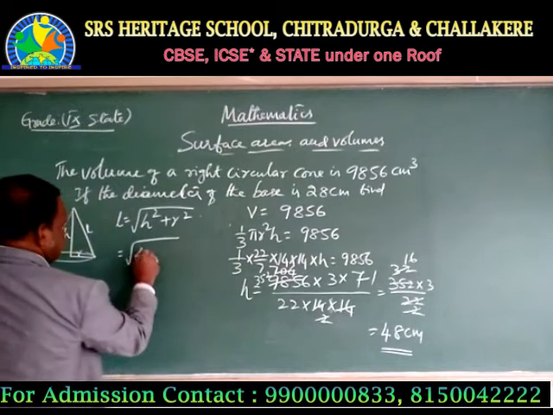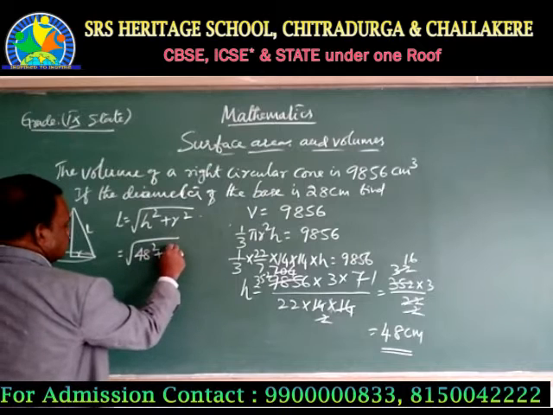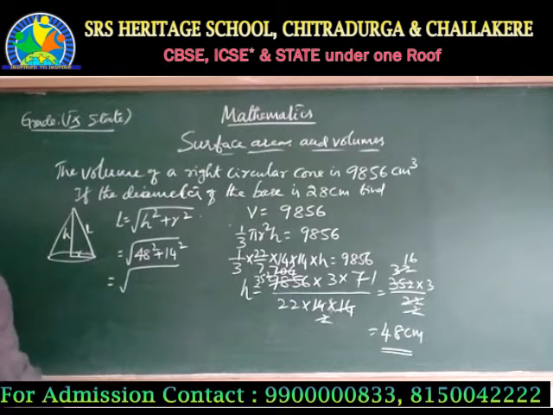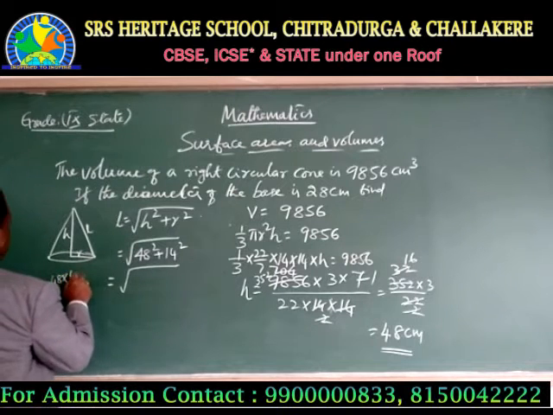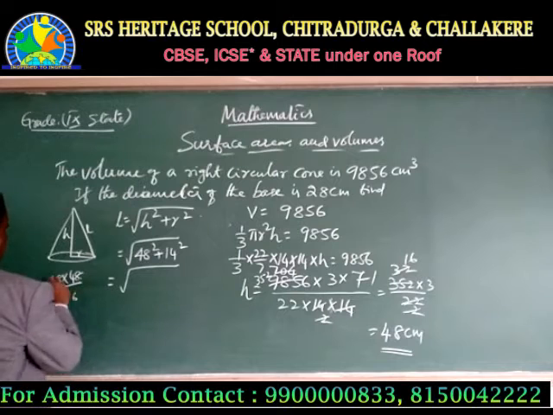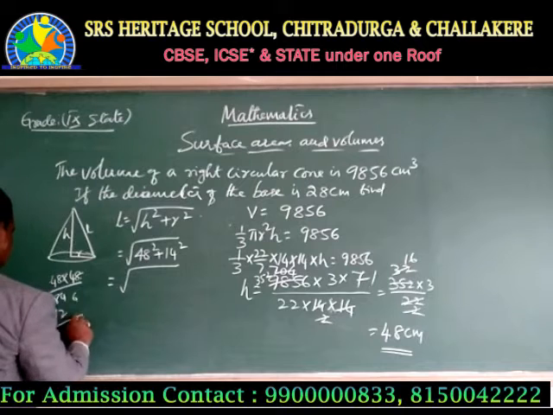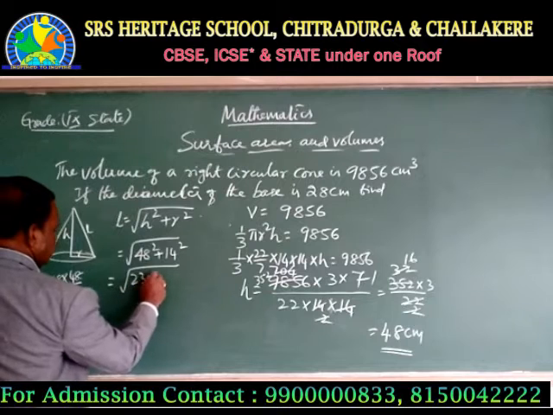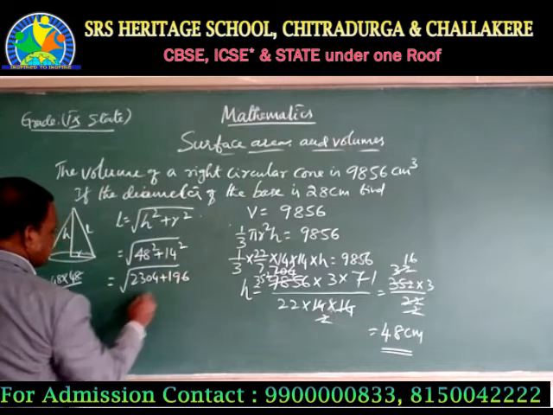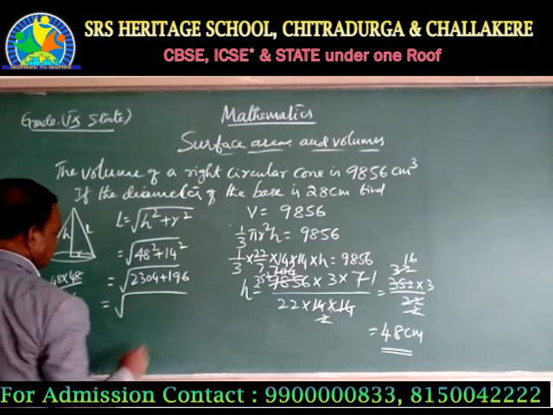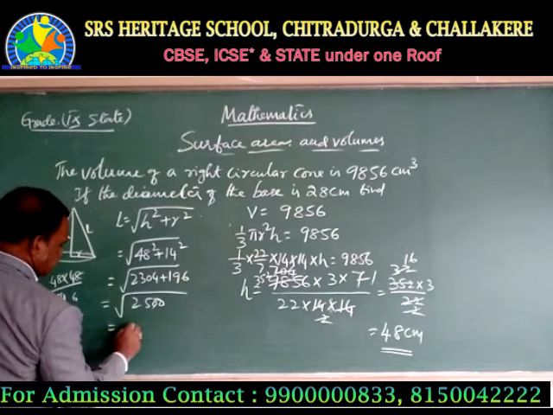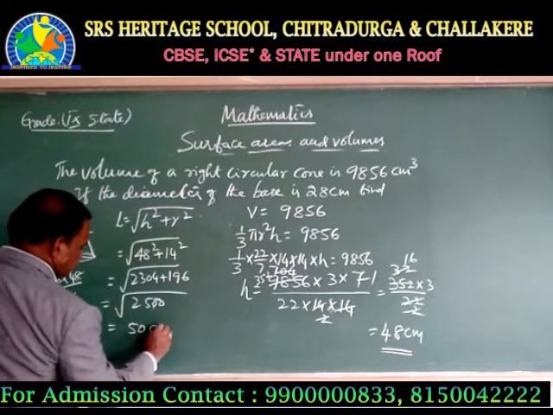H is 48, 48 square plus 14 square. 2304 plus 196, 2500, that is 50 centimeter.